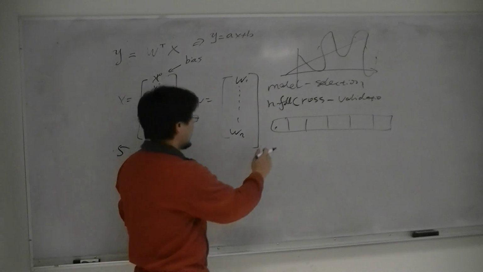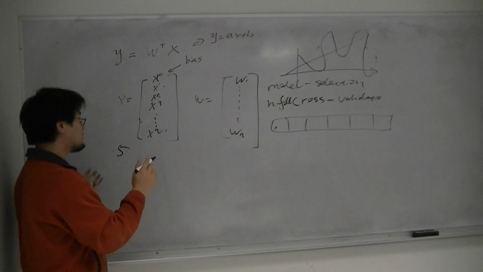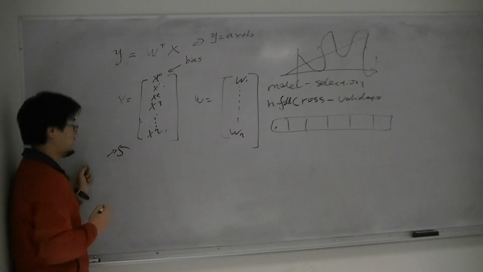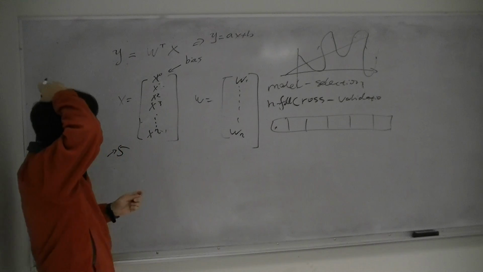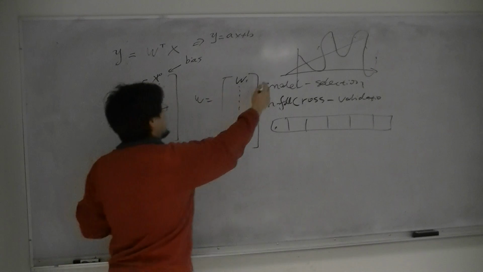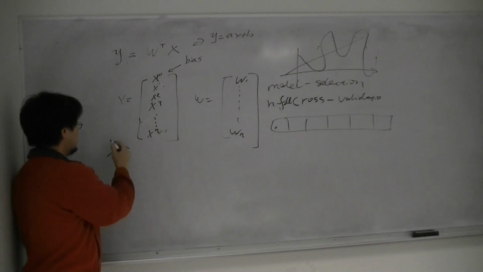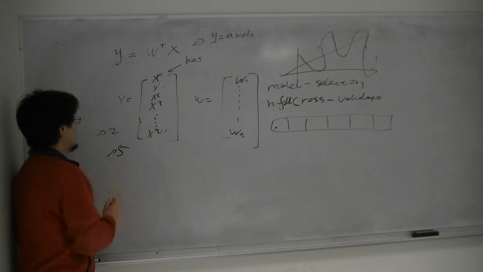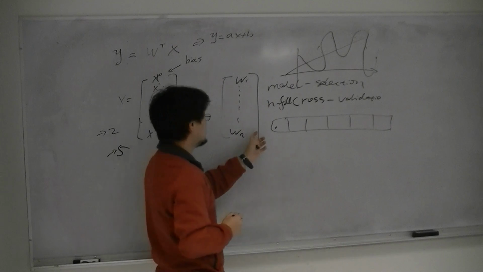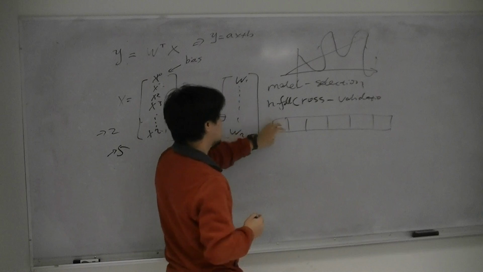So after n times, we get a performance evaluation for this model 5. But 5 is not necessarily the best one. I might choose a smaller model. Maybe I just choose 2, and then I run the same thing again to see if the trained model performs well on the validation data set.